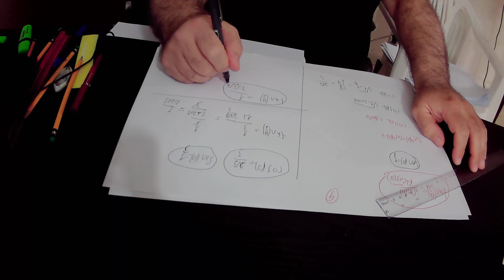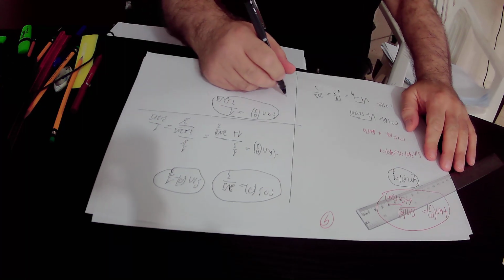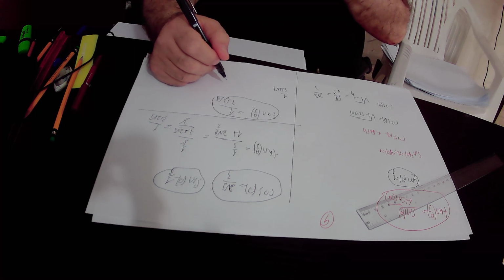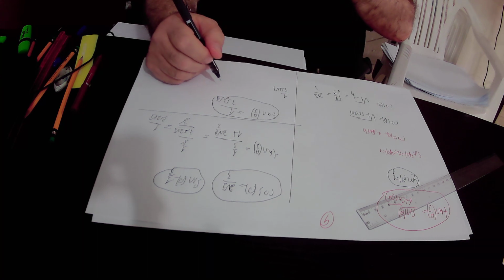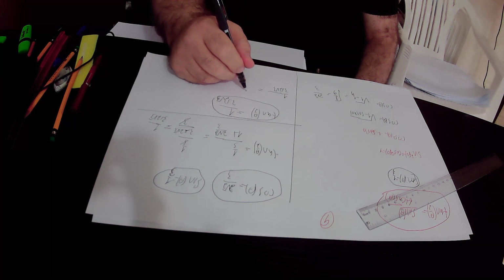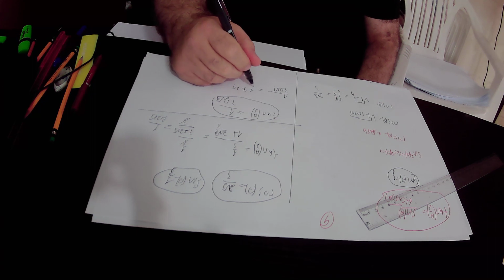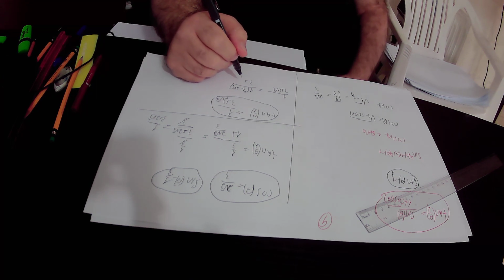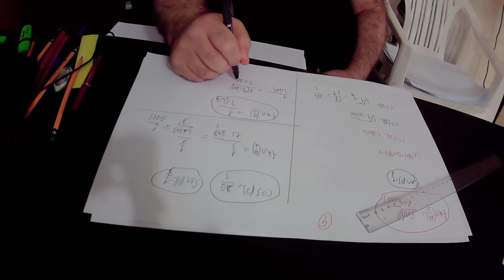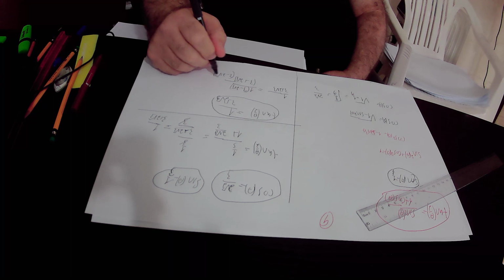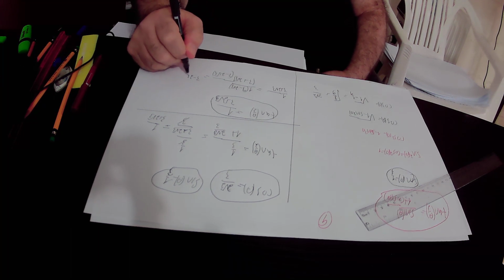So here we will simplify this expression. 1 over 3 plus 2 times square root of 2 equals, here we will multiply this expression by 3 minus 2 times square root of 2, and then divide it by the same expression.